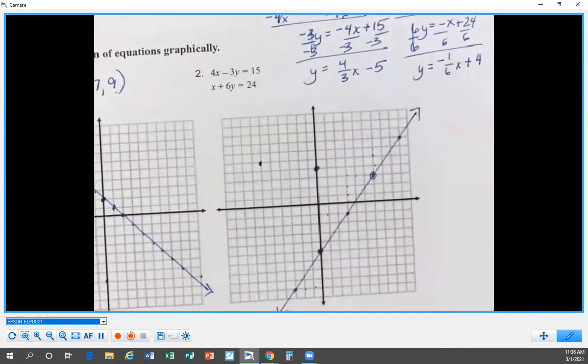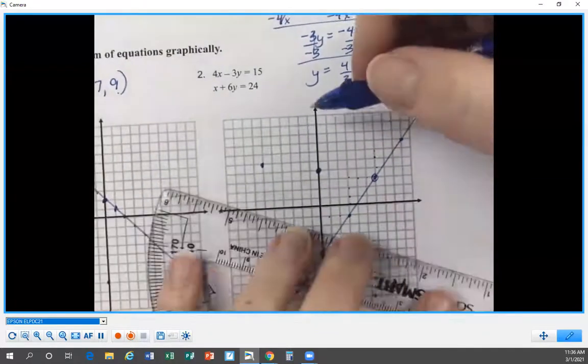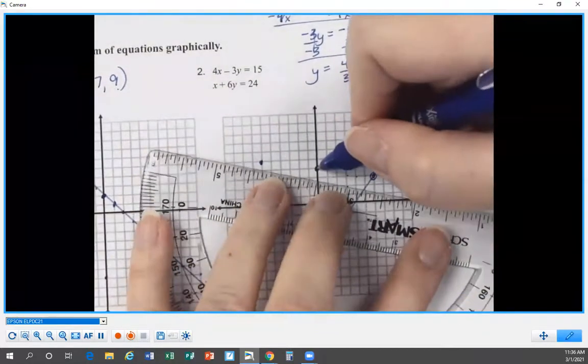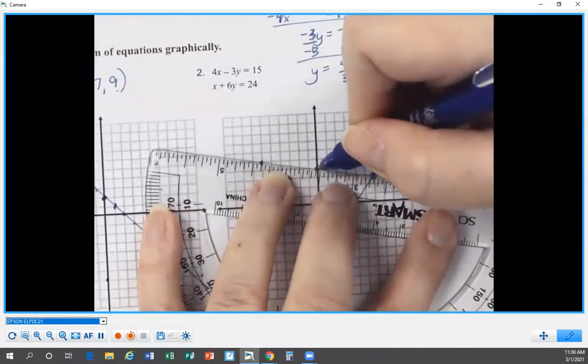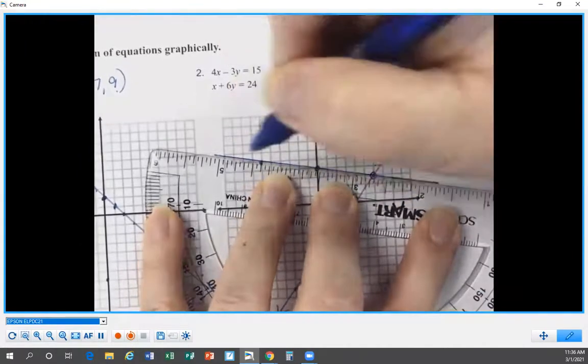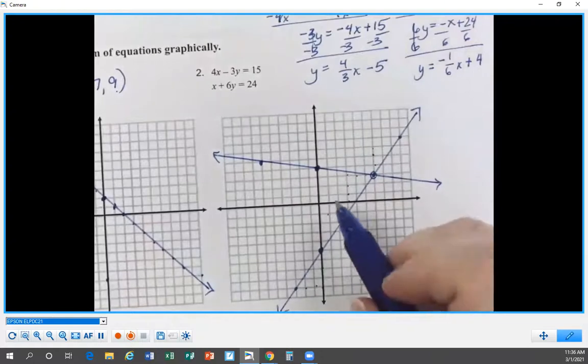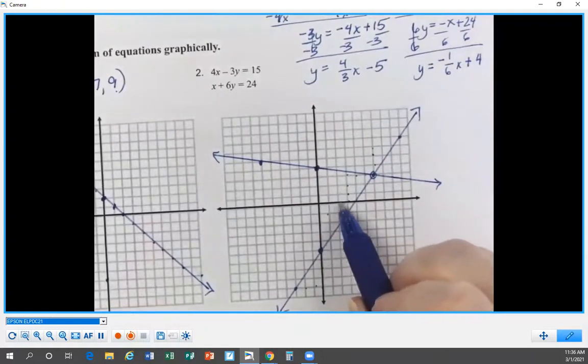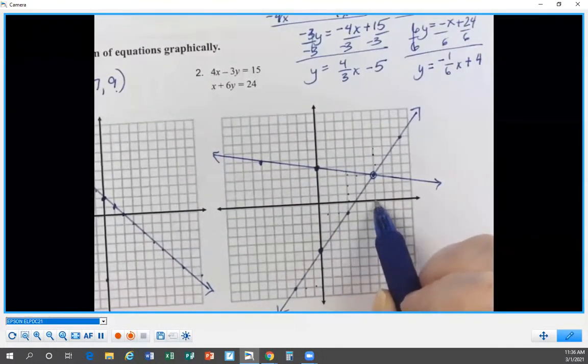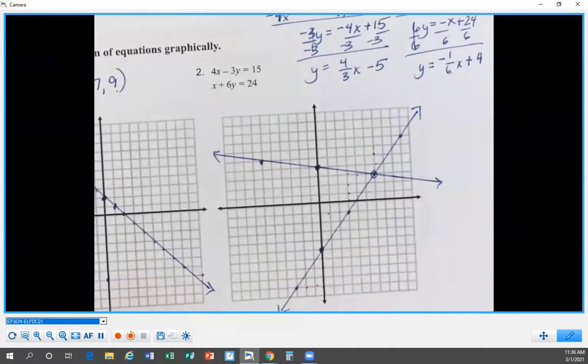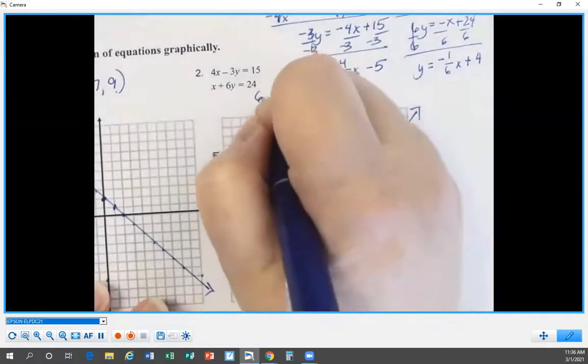It helps to make our line more precise. Okay, and our point of intersection is at 1, 2, 3, 4, 5, 6, 3. So our solution here is 6, 3.